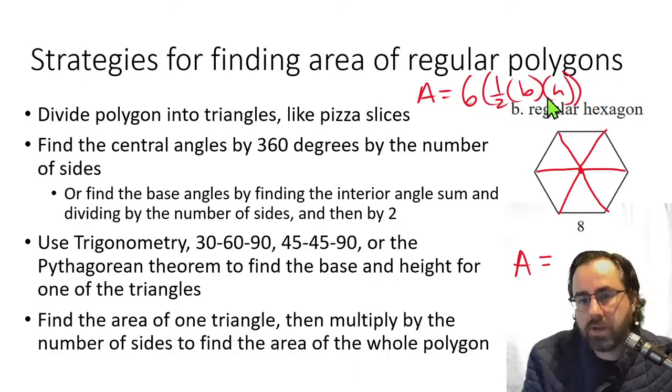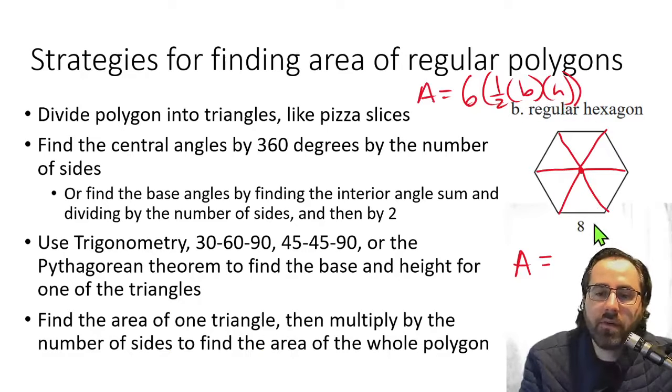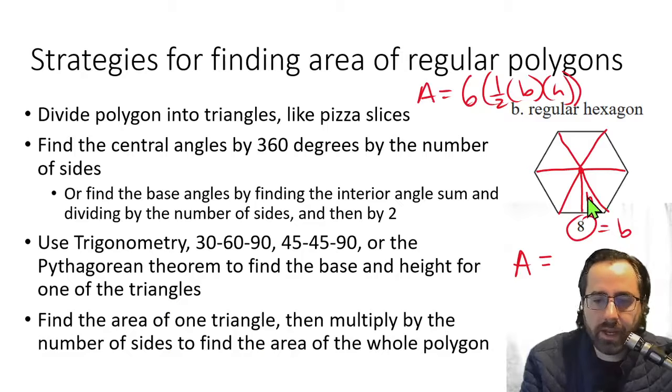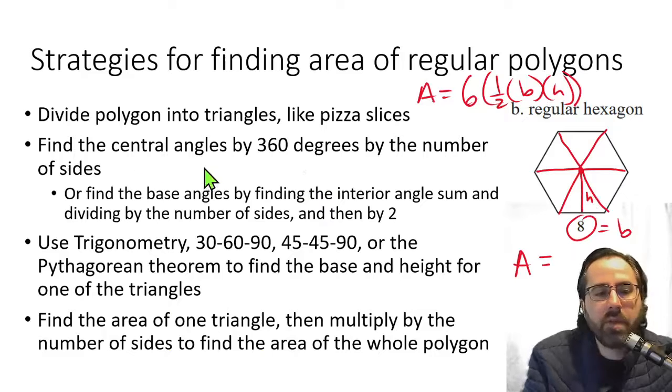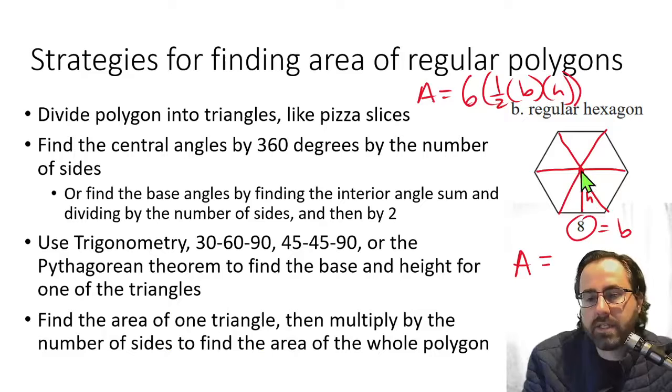To do this, though, you're going to have to find the base and the height for each triangle. Here, we know the base is 8, but the height would be down the middle, and the height is missing. So that's also the same as the apothem. I'm going to call it the height, but it is the apothem. And, well, we have to find that. Now, how would you find that? Well, you take the central angle and you divide 360 degrees by the number of sides.